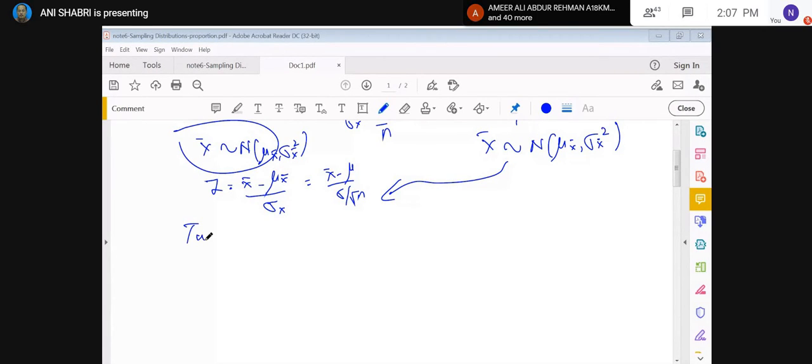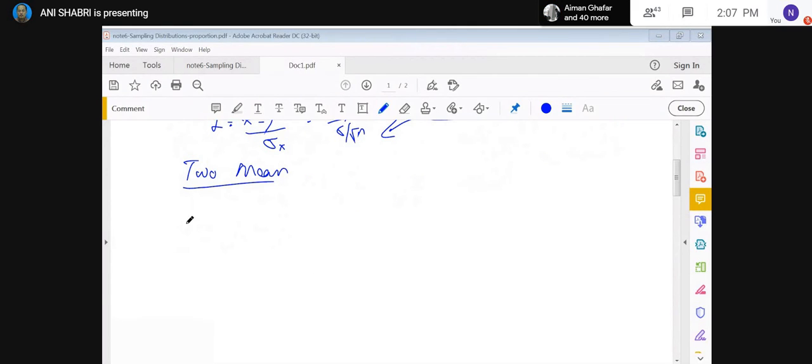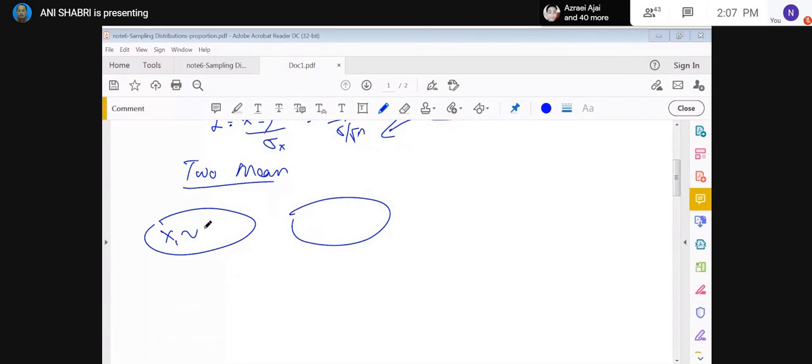For two means, if we have two populations, population one S1 follows normal with mu 1 and variance 1 power 2, and S2 also follows normal with mu 2 and variance 2.